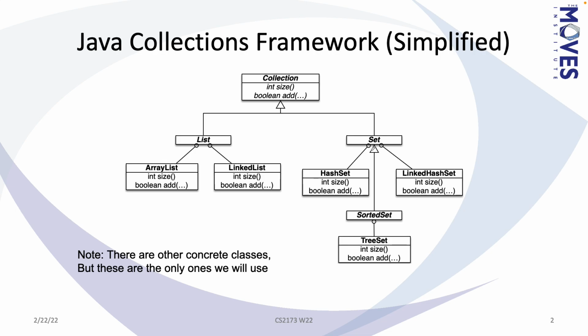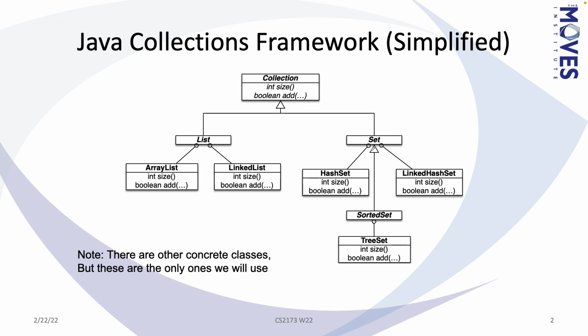The second difference, and an important one, is that with a list there is a specific sense of index. So a list is a generalization of an array with the added feature that it's expandable and contractible.